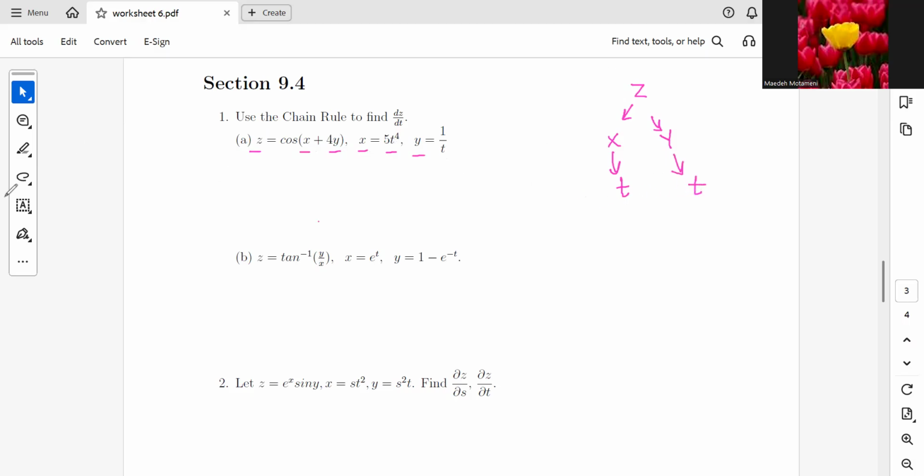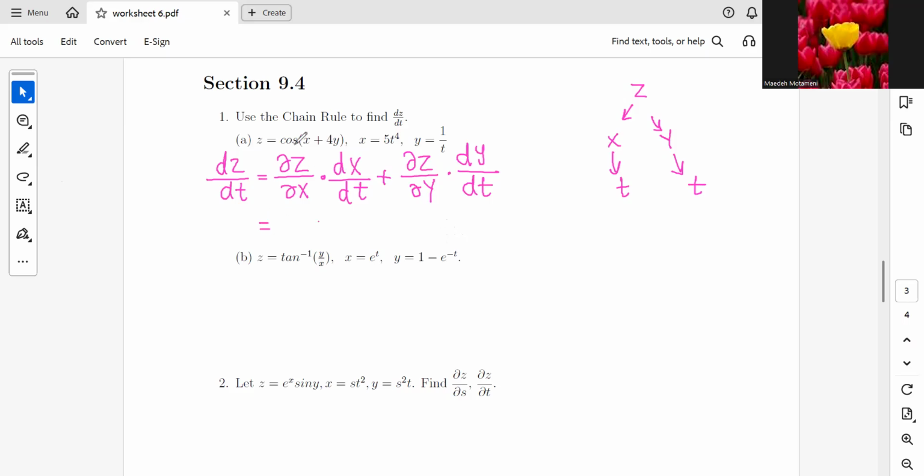So using this little diagram, we will conclude that the derivative of z with respect to t will be the partial derivative of z with respect to x times the derivative of x with respect to t, plus the partial derivative with respect to y times the derivative of y with respect to t.